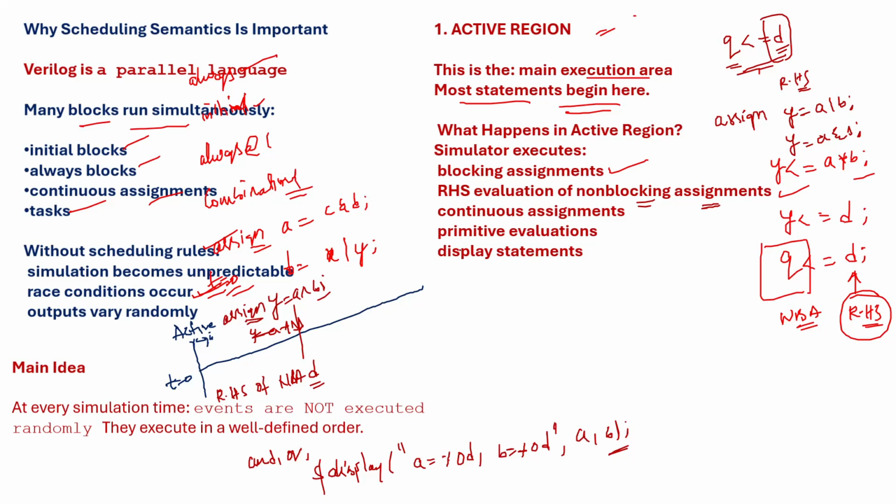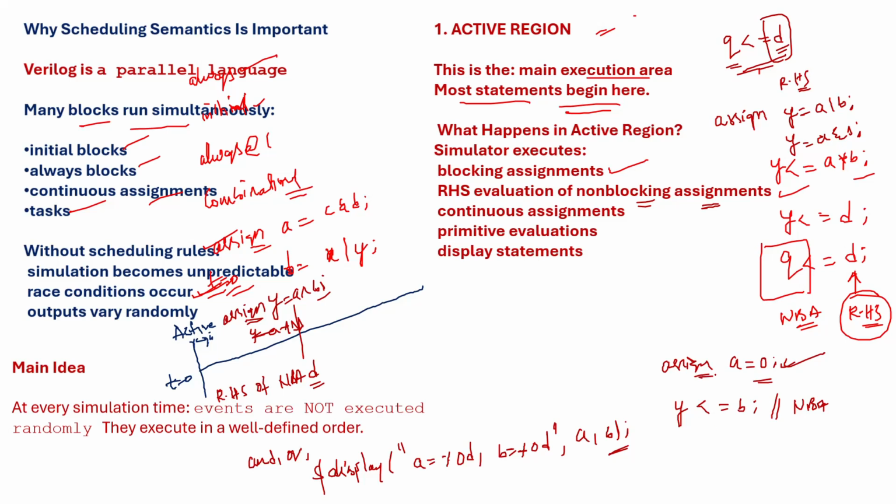So these are the statements. Suppose I am executing a equal to 0, so assign a equal to 0. This is also executed in the active region only. And then y less than or equal to b, so this is a non-blocking assignment. This is the blocking assignment, this is the non-blocking assignment.